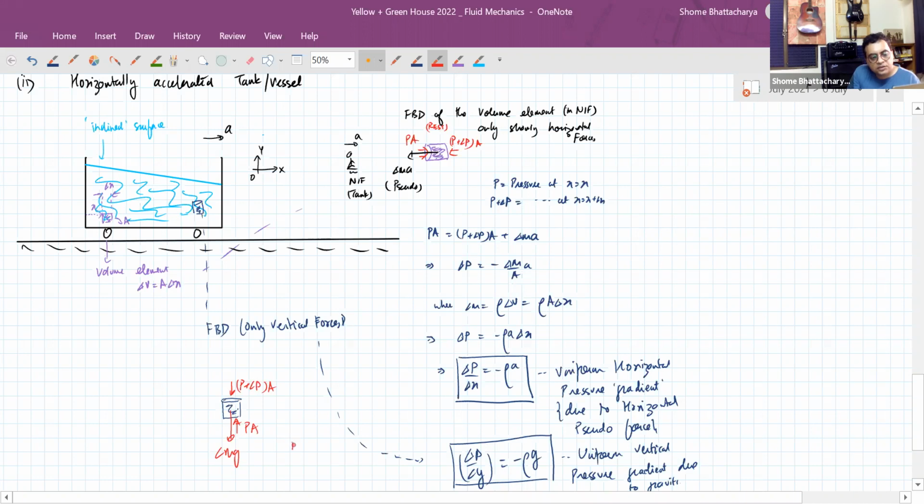So here P is pressure at Y and P plus delta P is the pressure at Y plus delta Y. By balancing the forces and all that, we get this other relation.